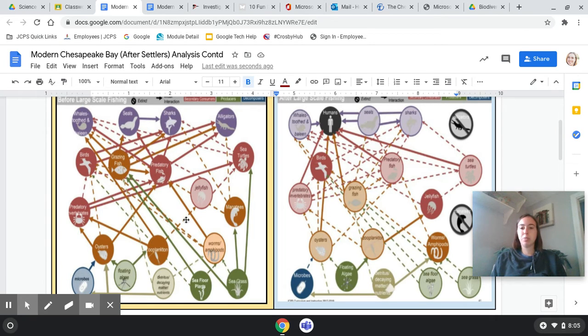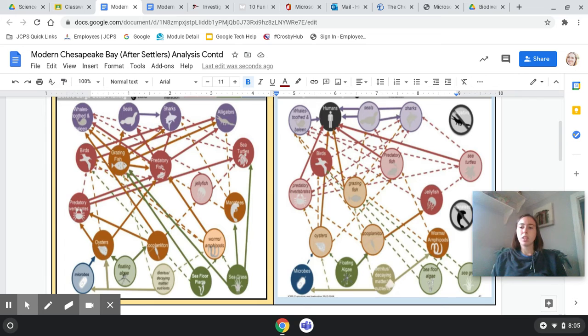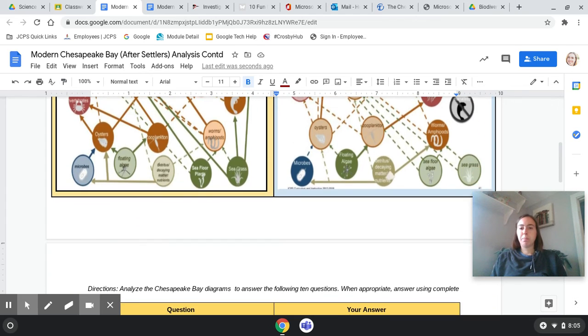So several of the same organisms exist in both. We can also notice that birds are abundant in both because birds are solid colored in both. And if it is a solid dark color filled in, then we know that it is abundant. Another similarity is that the number of interactions has remained the same, even though the interactions are weaker in the modern food web.